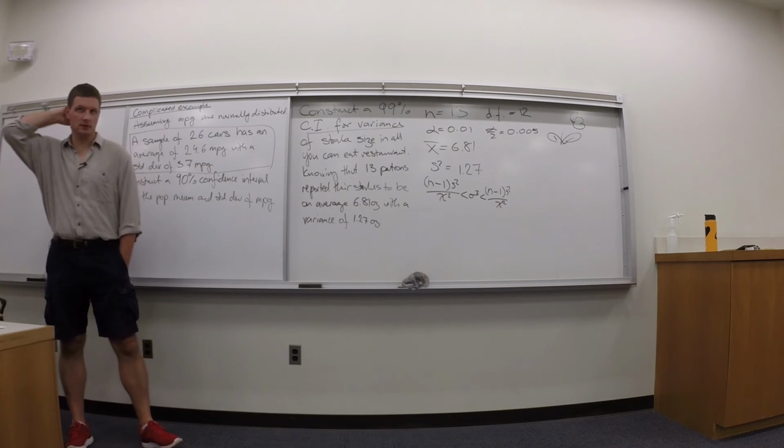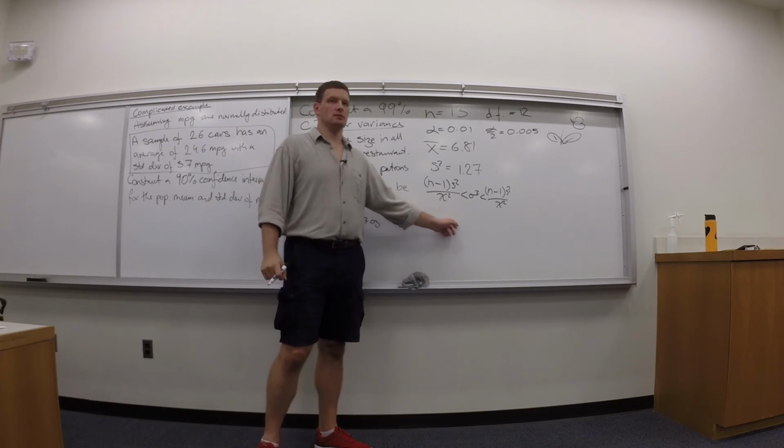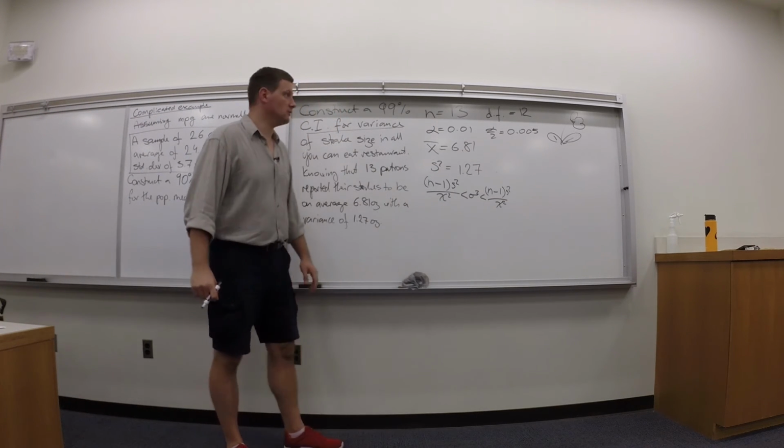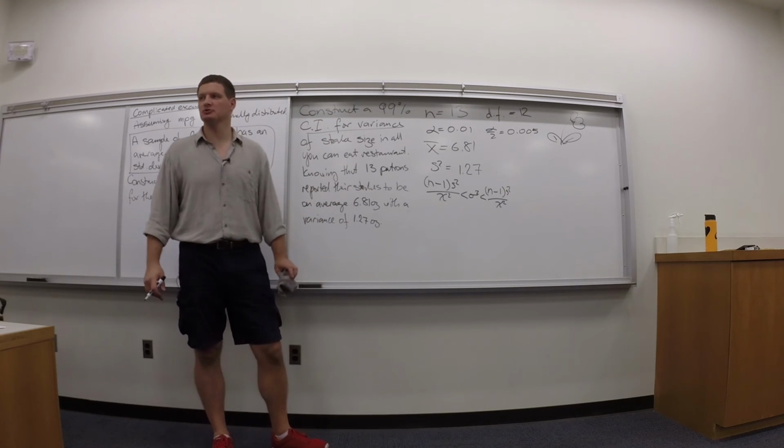This is a confidence interval for variance, which means that now we can draw the picture because now we know which picture we're drawing.